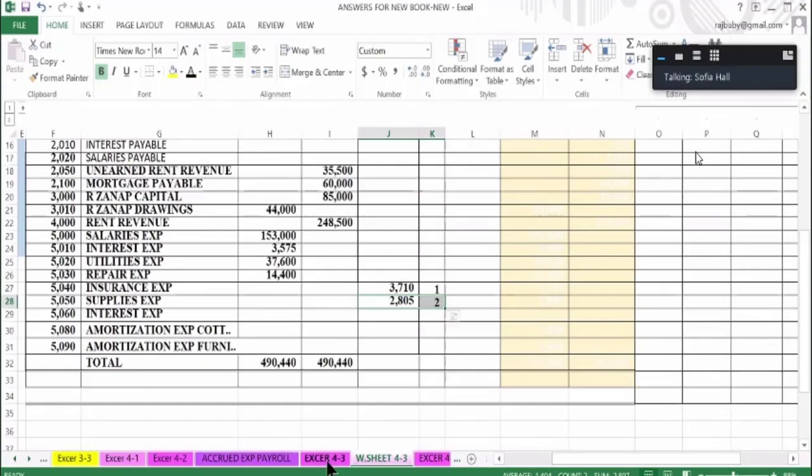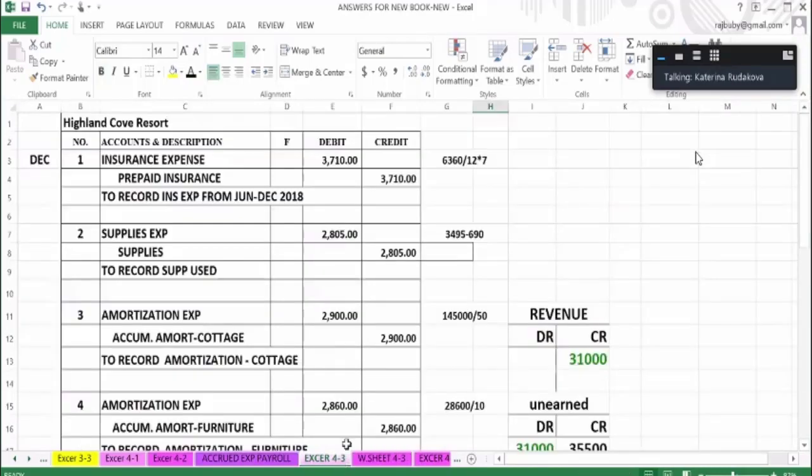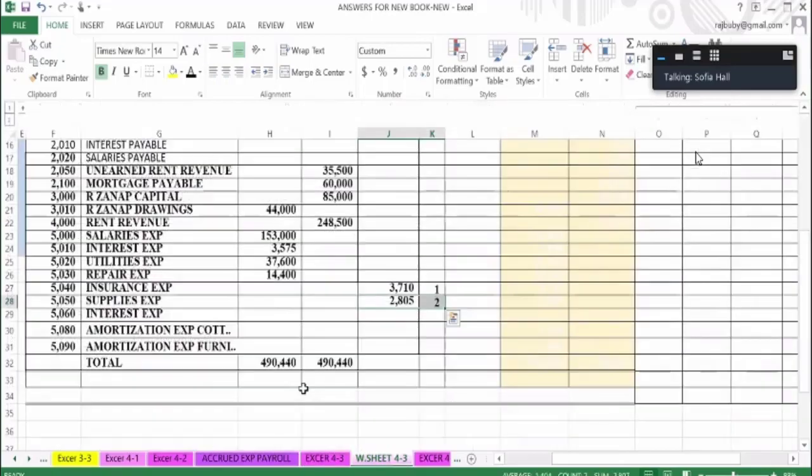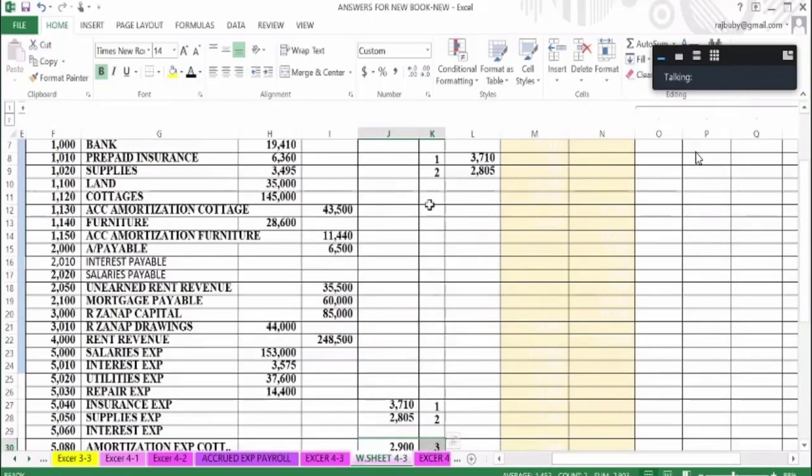Transaction number 3 is credit accumulated amortization cottage, and debit is amortization expense. Go back to amortization cottage expense debit, and accumulated amortization cottage is credit.